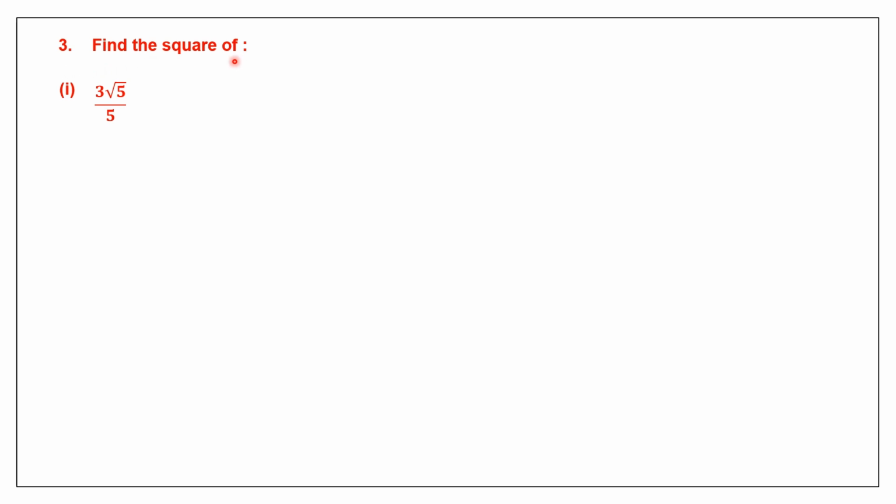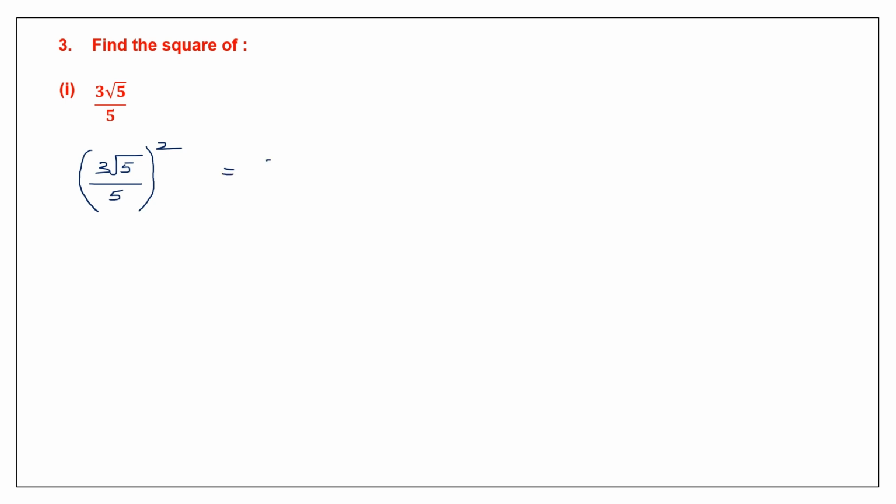Question 3, find the square of the first one under that. Okay, so let's begin working this out. So (3 root 5 by 5) the whole square. When we say the whole square, we mean everything that's inside is going to be squared. That means 3 is going to be squared, root 5 is going to be squared, and this 5 is also going to be squared.